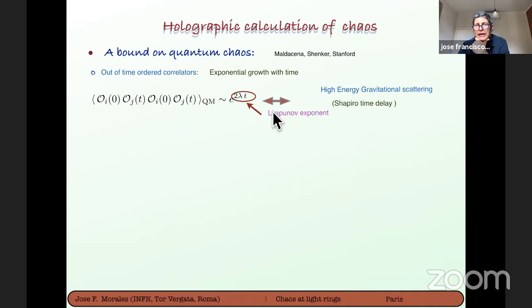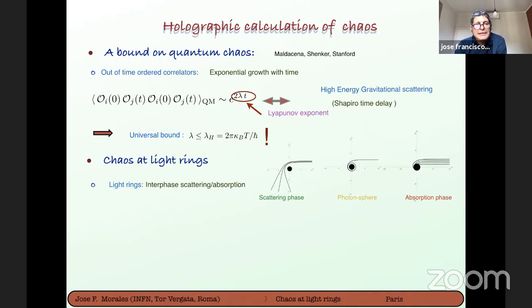This coefficient, called the Lyapunov exponent, measures how chaotic the quantum mechanical system is. They observe that in all gravity computations it is always given by the same number, 2 pi times the temperature, and propose that this can be a bound for chaos in any dynamical system.